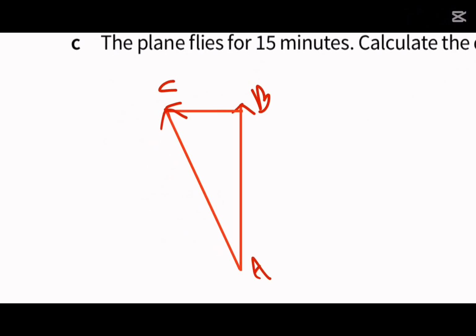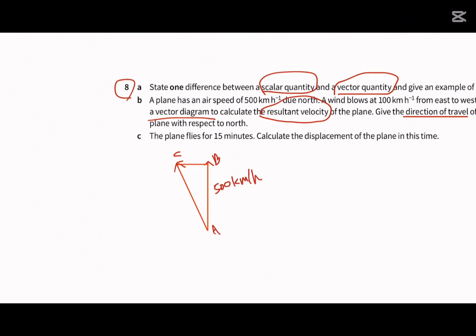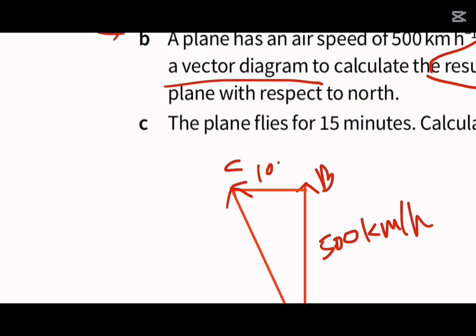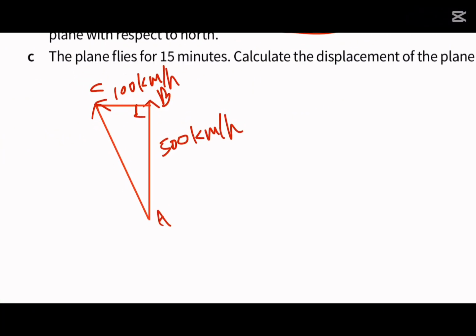So this is 500 km per hour, and this is 100 km per hour. I just need to calculate AC, which is the resultant velocity. I just need to use the Pythagoras theorem.